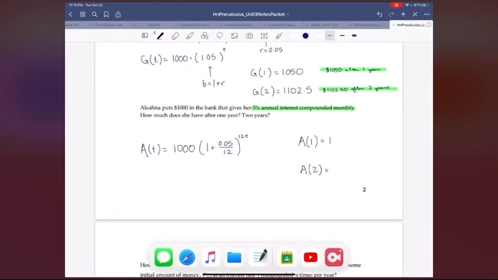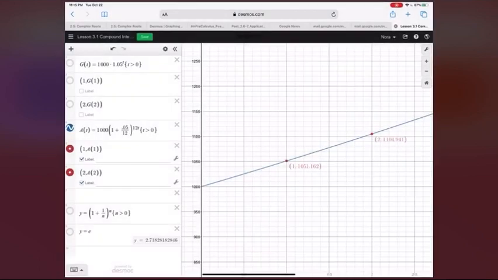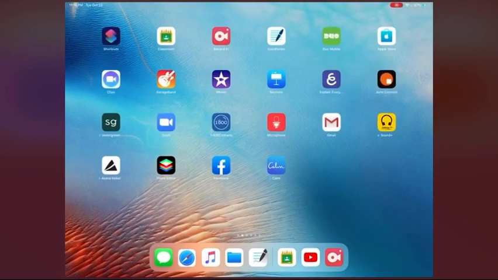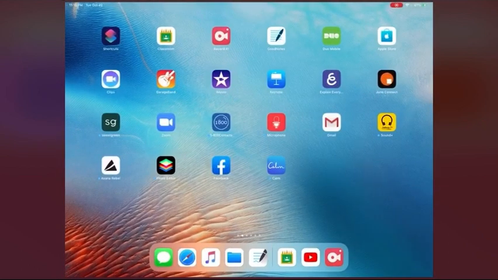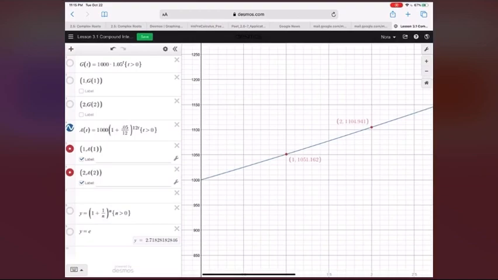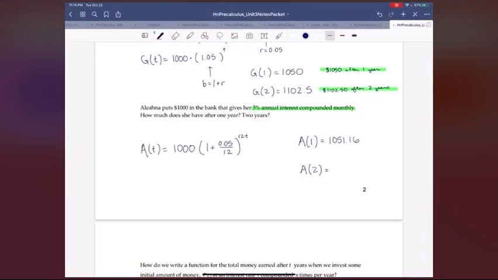What are these numbers again? $1,051.16. And then this says $1,104.94.